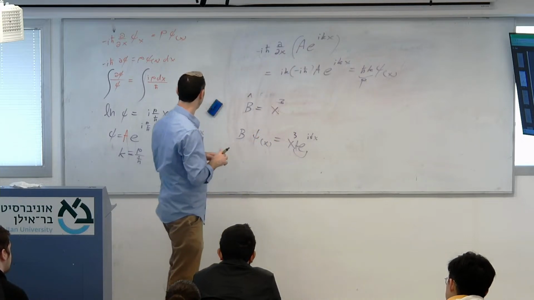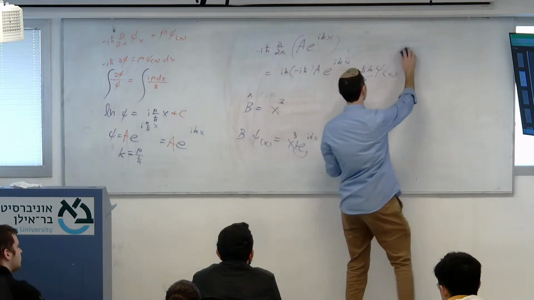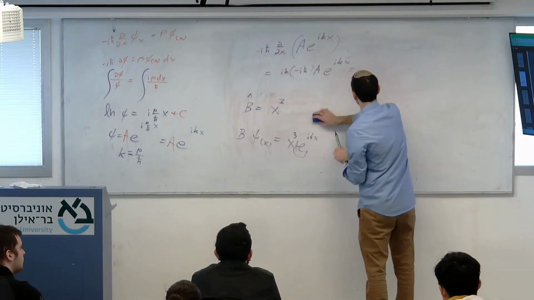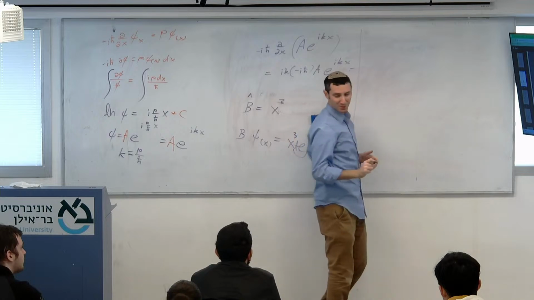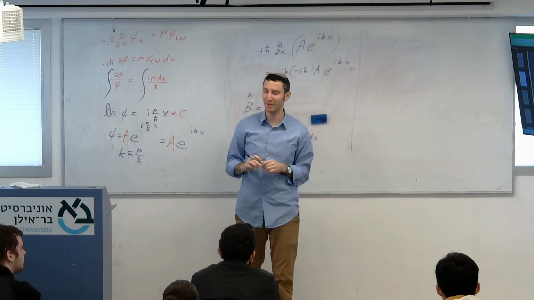Should we normalize it? Let's normalize it. Normalizing it, I'm just going to use the delta function. I already know what the Dirac delta function is.